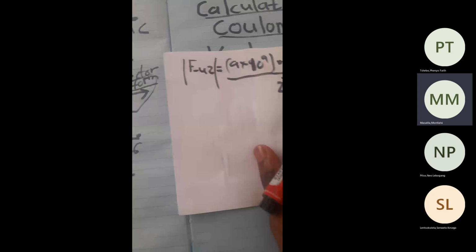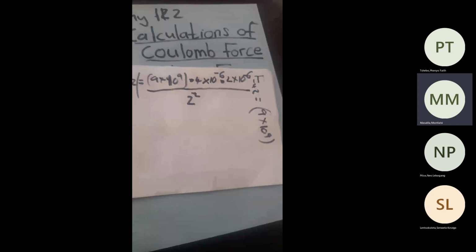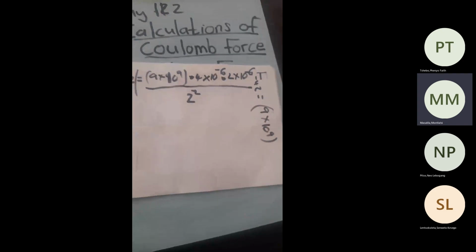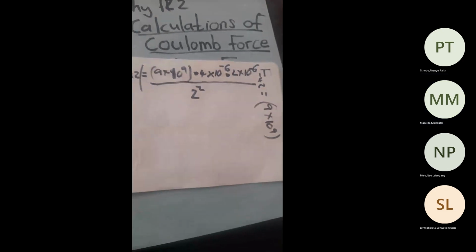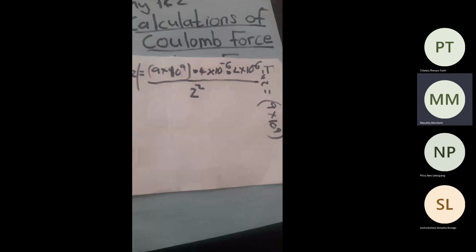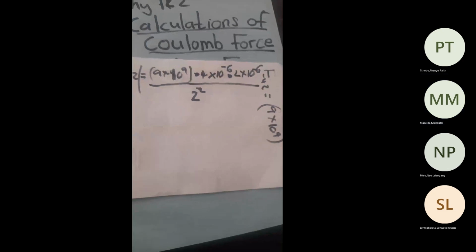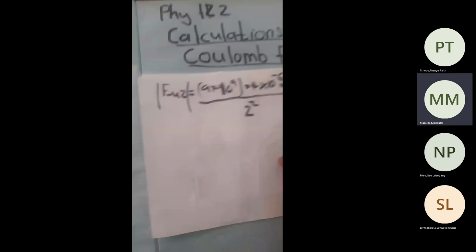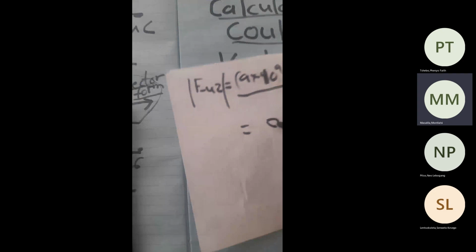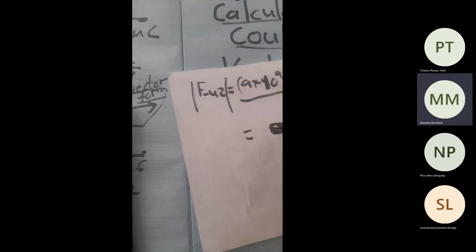So you may take your calculator and press 9 times 10 to the power 9 times 4 times 10 to the power -6 times 2 times 10 to the power -6, divided by 4. So our force there is 0.018 Newton.